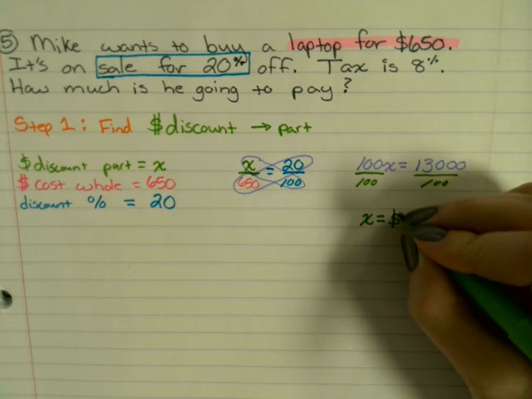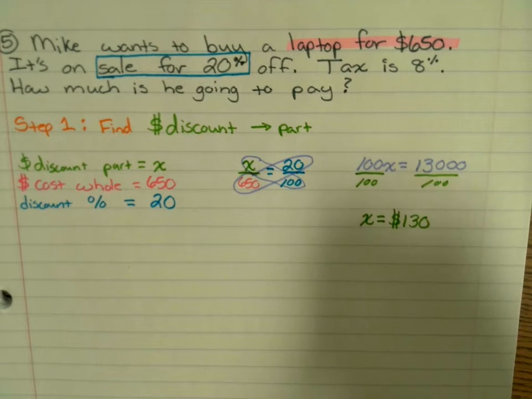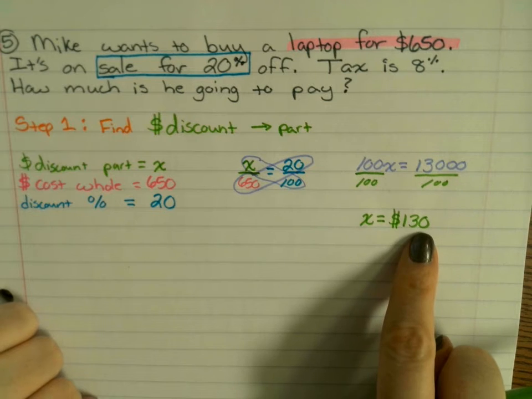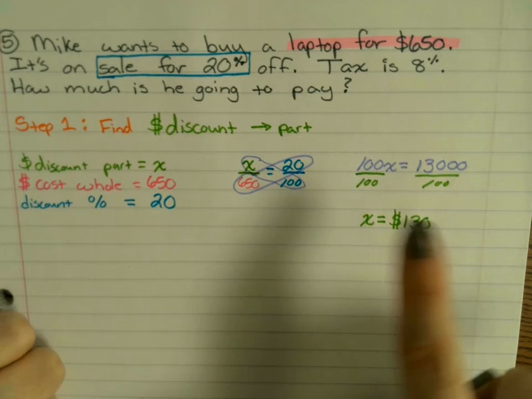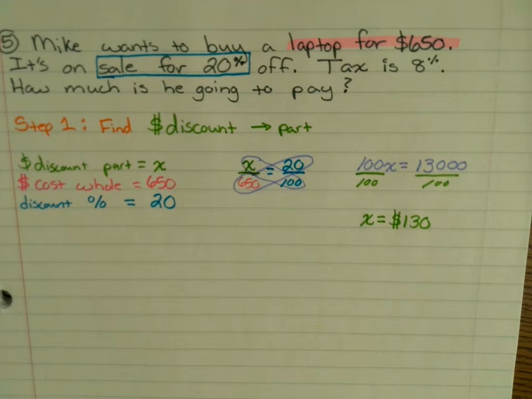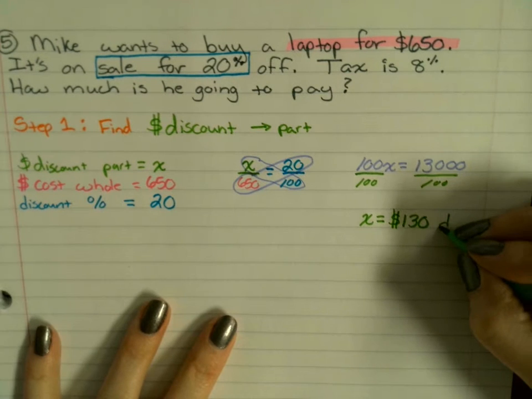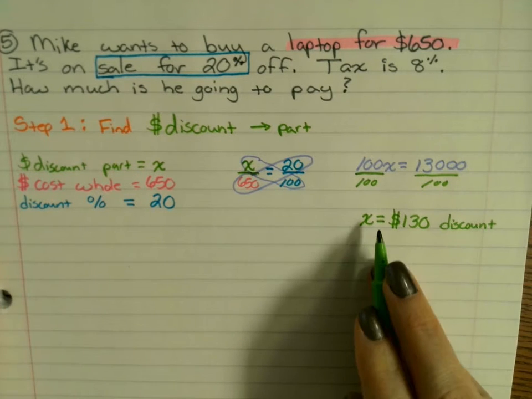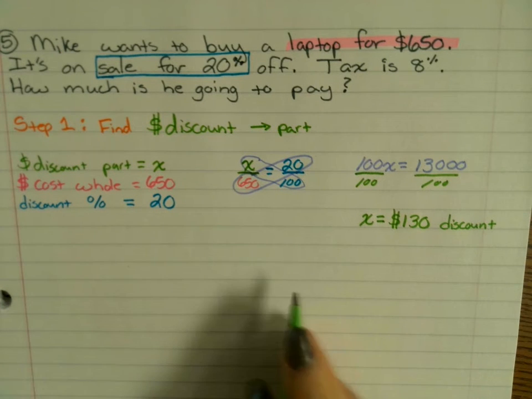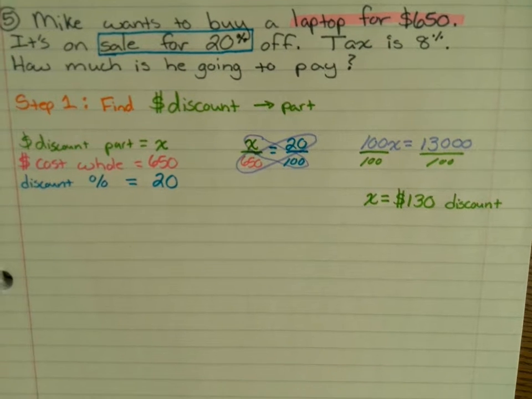Now again, X represents the discount. It's $130 discount. You should always write down what that represents. Okay, if you found tax, you should say it's this much money tax, or it's this much money tip. Whatever it is that you found out, you should write that next to it.